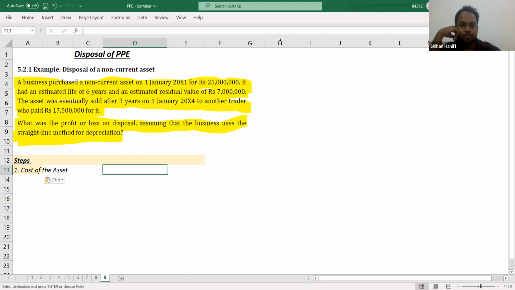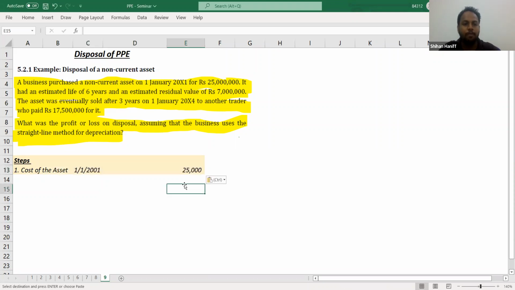What is the cost? Now the cost of this asset is 25 million. 1st of January 2001, purchased for 25 million. So that is the cost.